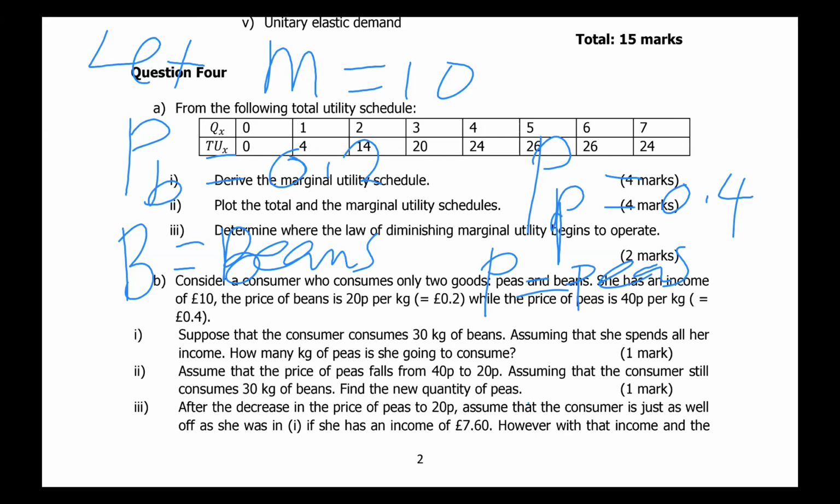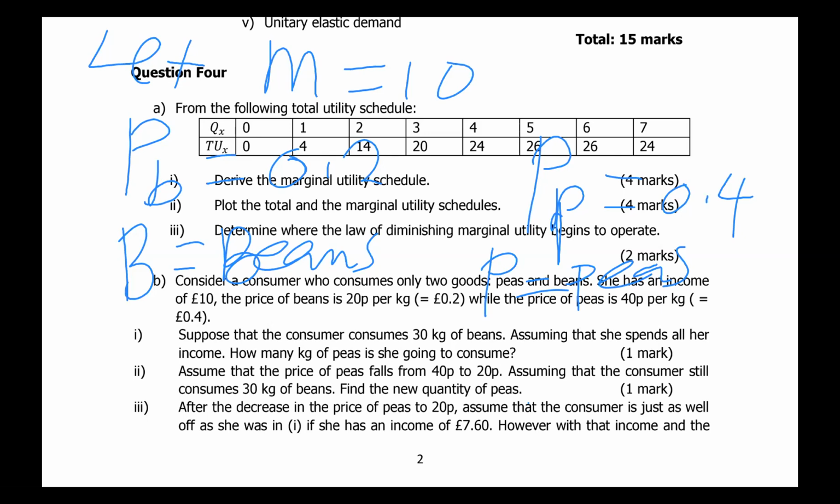So we need to come up with what is known as a budget constraint or a budget line. They're saying consider a consumer who consumes only two goods, peas and beans. She has an income of 10.